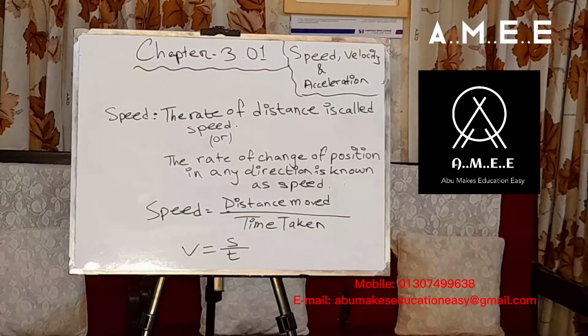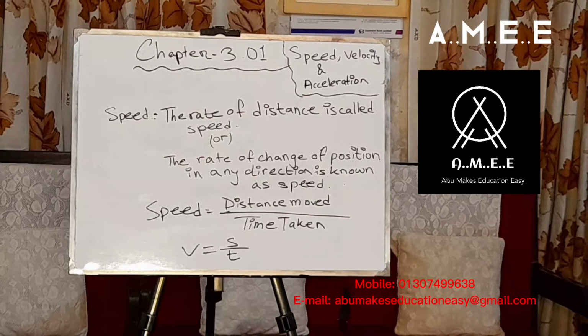We can also measure speed in kilometer per second, kilometer per hour, meter per hour, meter per minute, or kilometer per minute. But the SI unit, or the main unit, is meter per second.